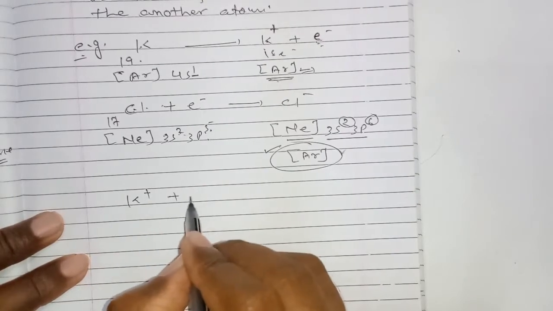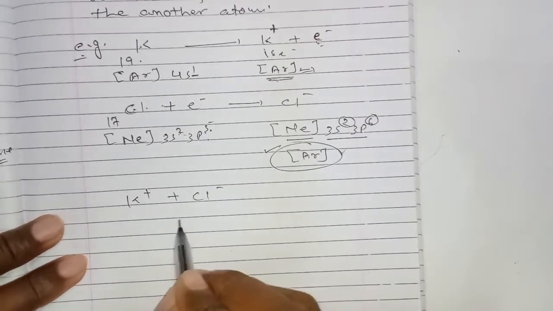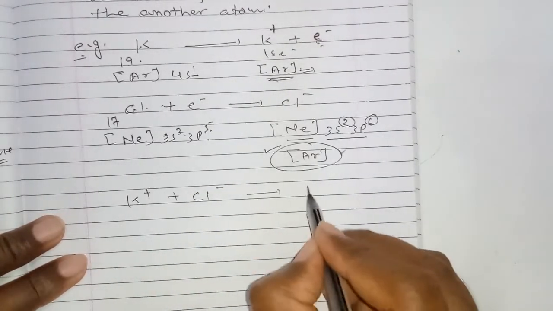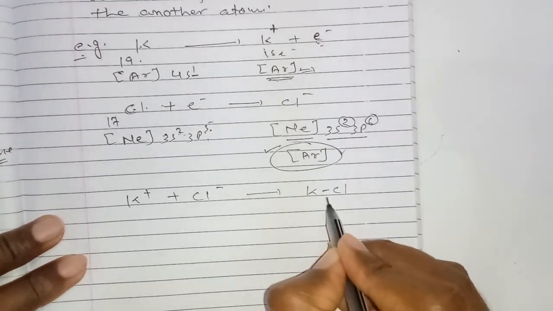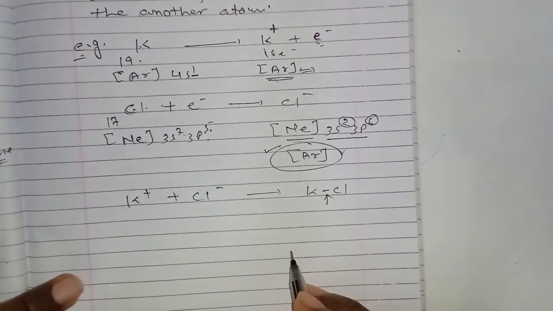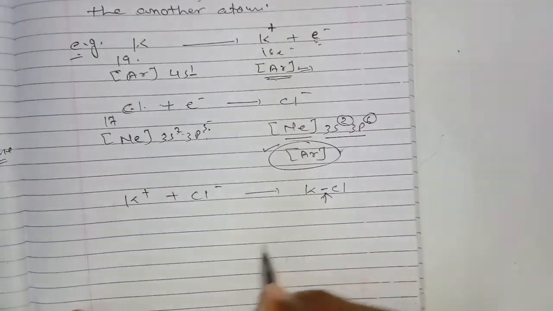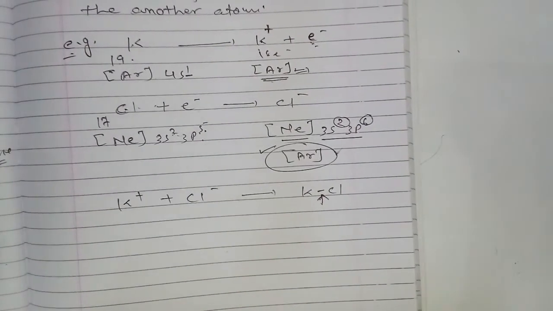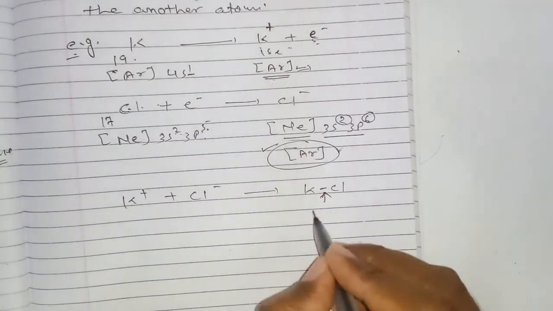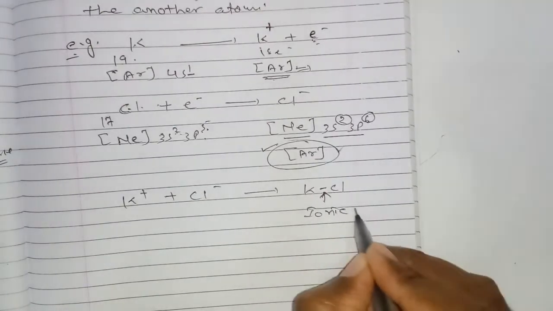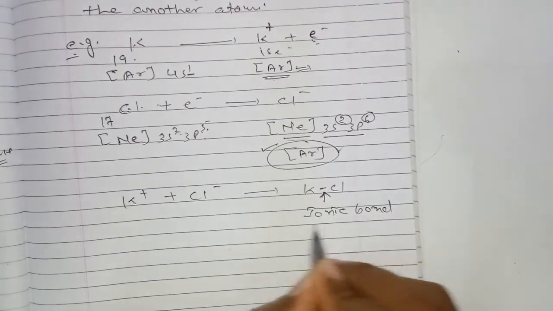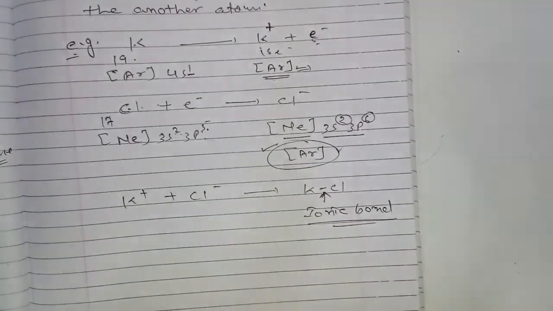So the potassium ion and the chloride ion are joined by electrostatic attraction, and the ionic bond is formed. Okay.